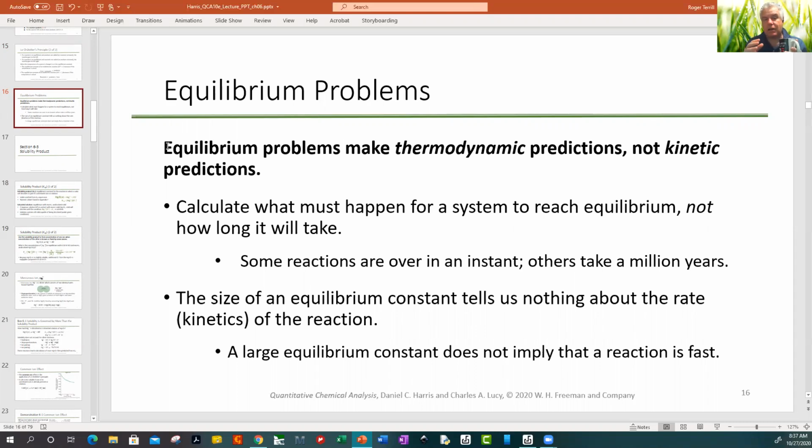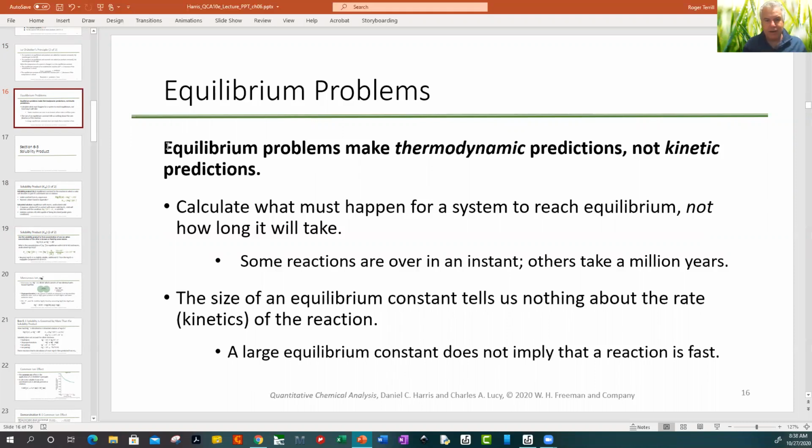A chemical system can be stuck kinetically. And so it'll go a certain way and then it'll get stuck, and then it will just be out of equilibrium. Q and K will not be, well, the reaction quotient Q will not equal K. And so those are non-equilibrium reactions. And we're not going to talk about them, but they're everywhere, trust me.